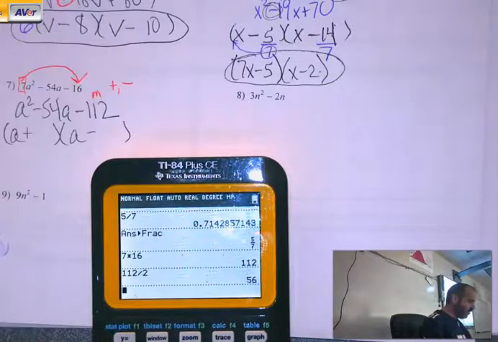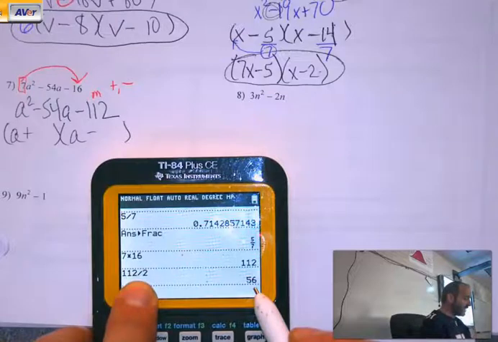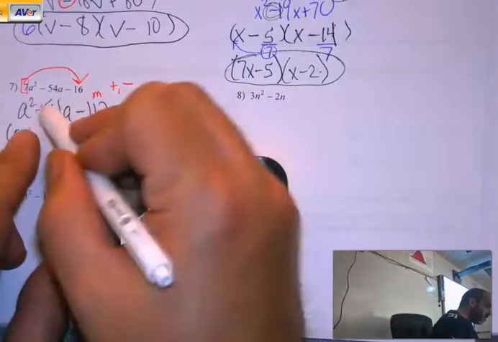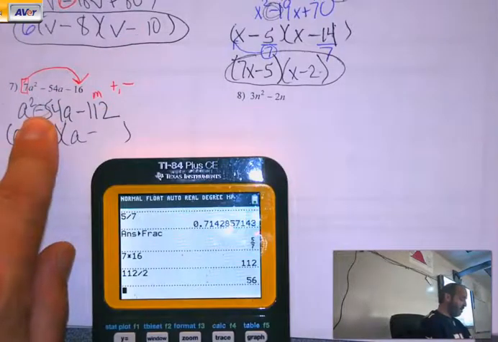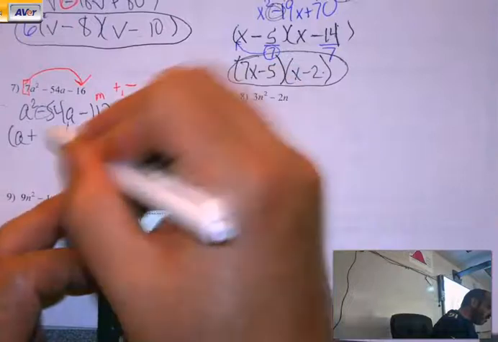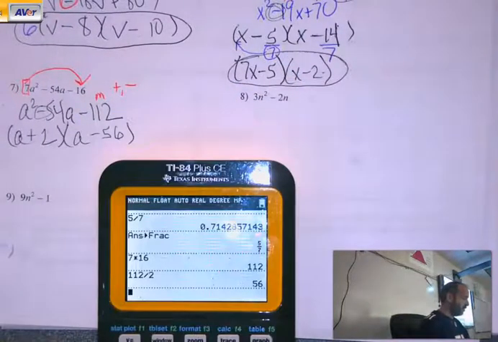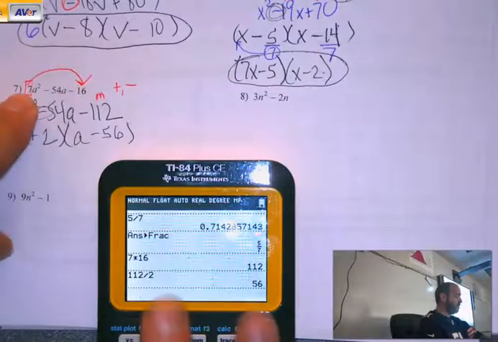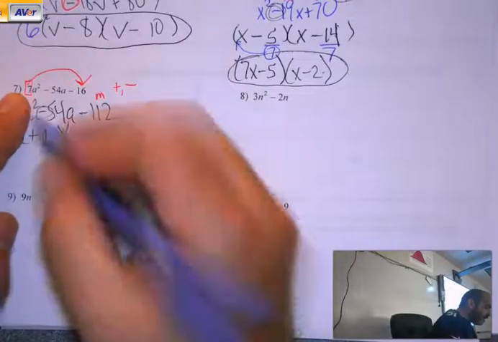112 divided by 2. Dang, jackpot. First try. 2 and 56. 56 minus 2 is 54. There's the sign of my bigger number. But again, slide and divide.